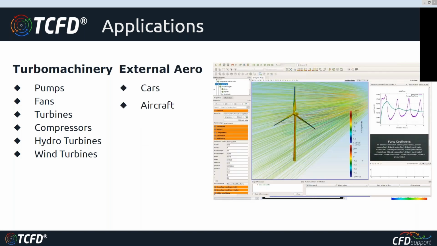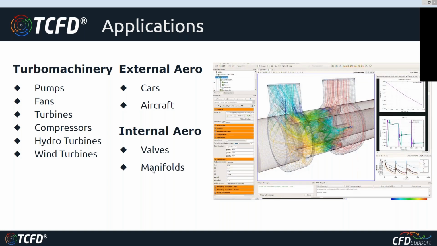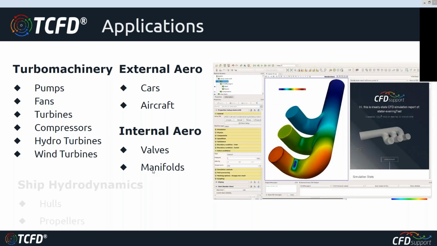What worked so well in the turbomachinery field, we have later extended to car external aerodynamics, aircraft, internal aerodynamics for various valves and manifolds, and so on. We have also extended TCFD to simulate hydrodynamics of, for example, ship hulls and propellers.